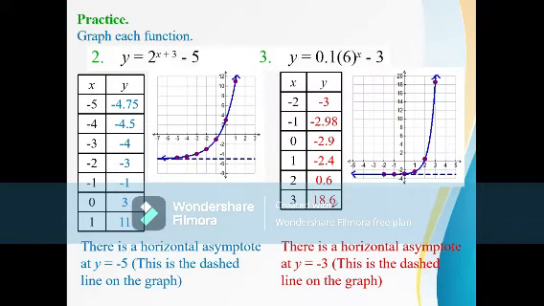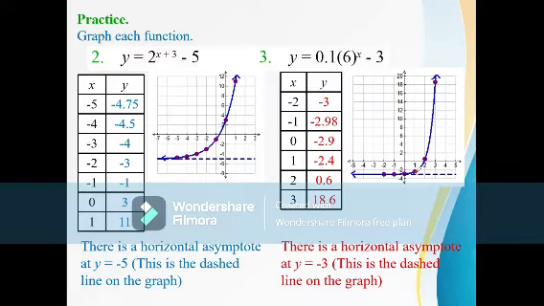After which, we are going to graph, plot the points. So negative 2, negative 3. Negative 2 for our x, and here negative 3 for our y. Next, negative 1, negative 2.98 here. Then 0, then negative 2.9. That is close to negative 3. Then next, if x is positive 1, y is negative 2.4.